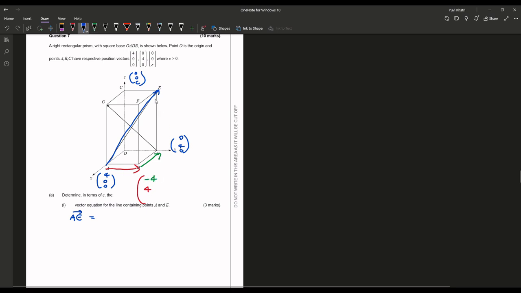And then how much have you gone in the z direction? You've gone c in the z direction. To get from A to E, you've gone 4 in the y direction, -4 in the x direction, and c units in the z direction. And that gets you vector AE. So literally, what did you do to get from A to E? And that's the direction vector for the line.